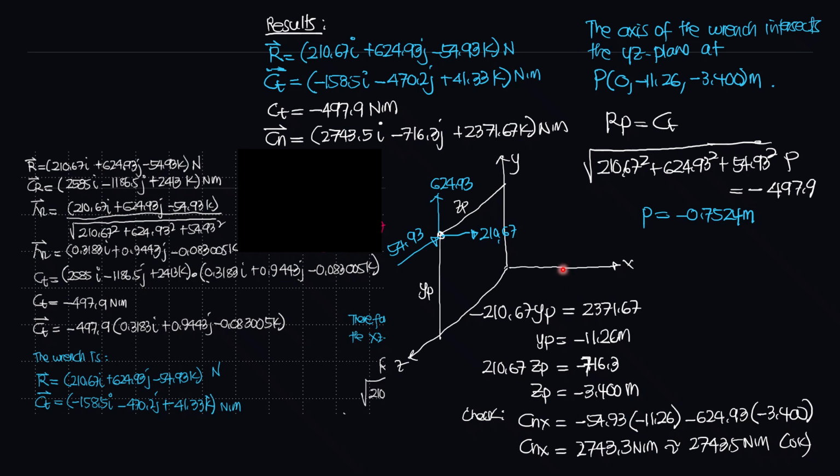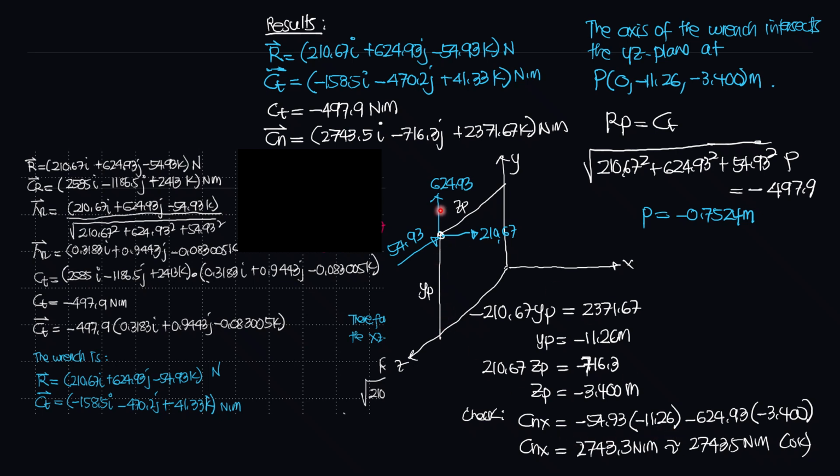Then let's check by computing C sub nx based on these coordinates and the components of the resultant force. The moment about the x-axis is positive in this sense. Both components are negative. So negative 54.93 times yp, and yp is negative 11.26.